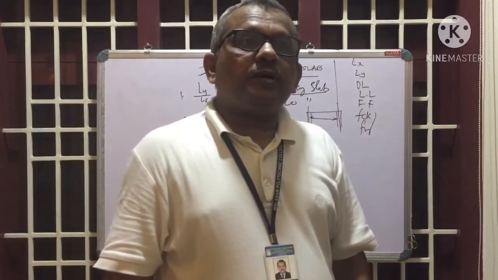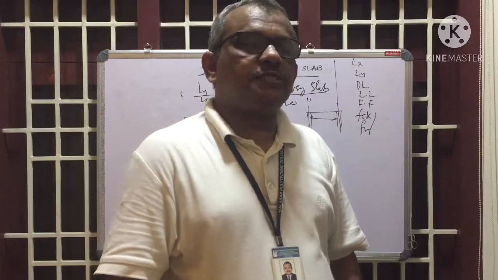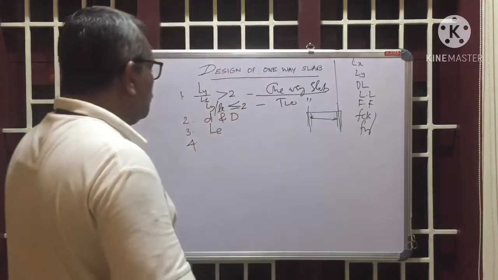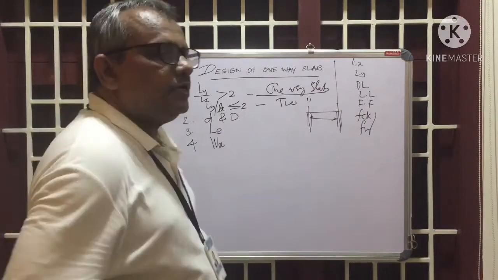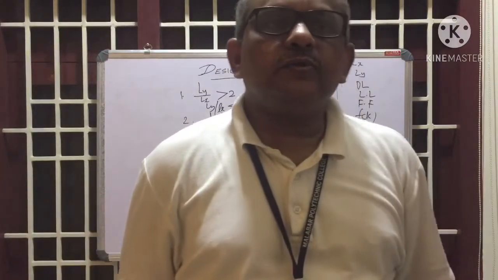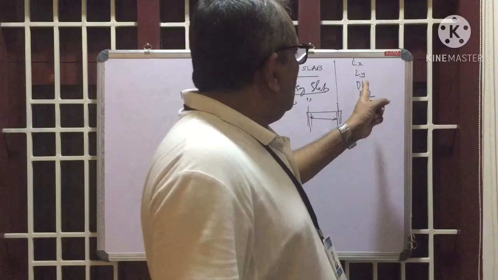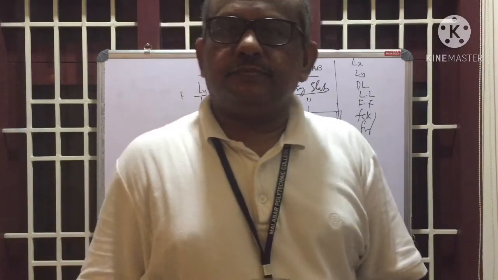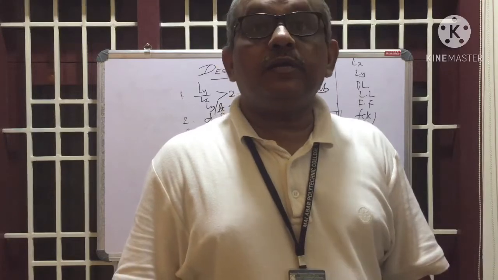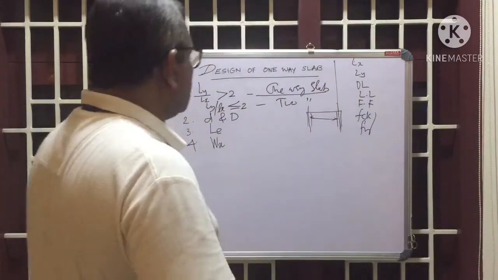Now, number 4, if you know the effective span of the beam, what is the next step? To find out the loads, the ultimate load. The load includes dead load, live load and floor finish. Add to get the total load and find out the maximum load also. How to find out the maximum load?